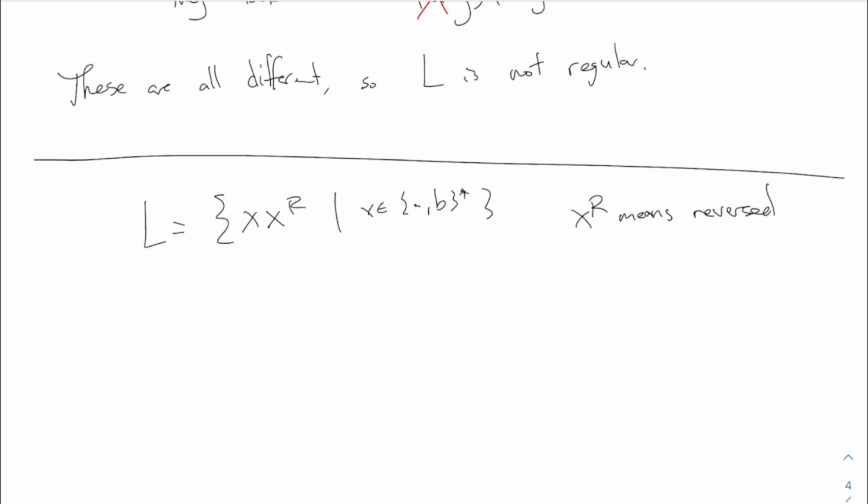So this is kind of like x squared, but it means these are strings where it has one part followed by the reversal of that same thing. So for example, BA BA A, followed by AA BA B, right? That's the X reversed. So that's what this language is. It's like the x squareds, only you're reversing the second part.